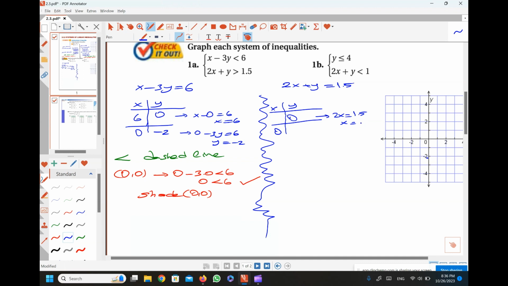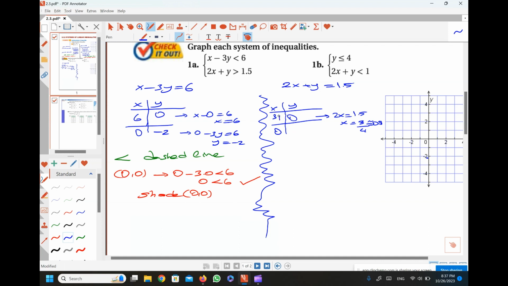It becomes 3 over 4. So it's approximately 0.75. Let's say it's close to 1.